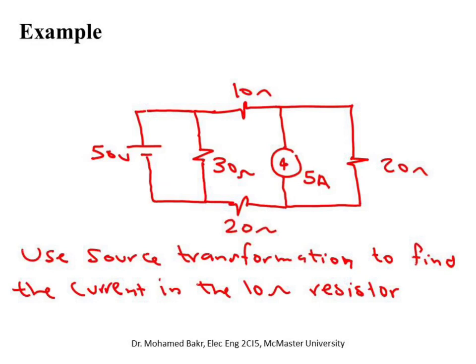What I'm going to do, I see here a current source in parallel with the resistor. So I'm going to convert these two into a voltage source of value 20 multiplying 5, so 100, in series with the resistance of 20 ohm. And I will try from that to get a more direct expression and convert this whole thing, if I can, into one loop, or one calculation that will give me the current. Okay, so let's see how we can do that.